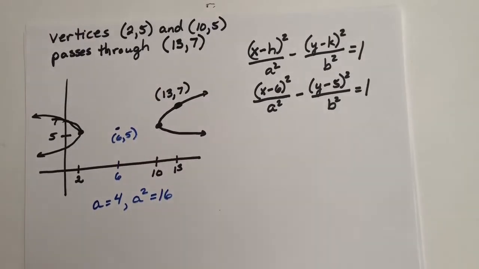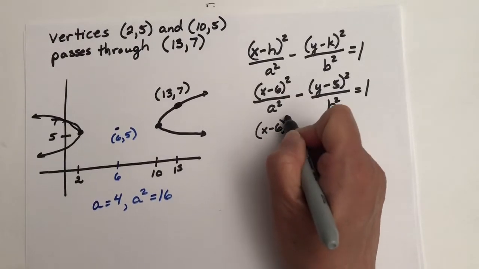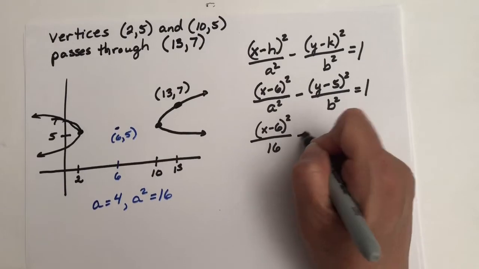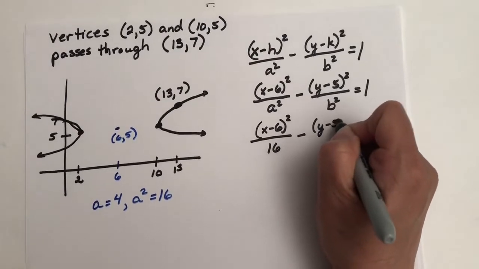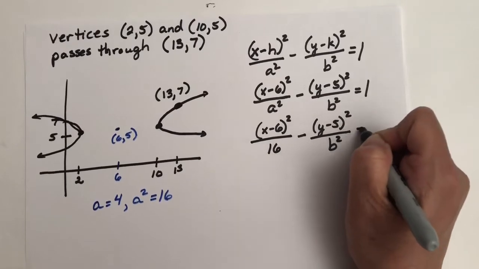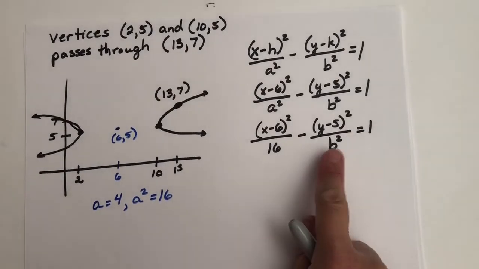Let's pop that into our equation. So we have x minus 6 squared over 16 minus y minus 5 squared over b squared equals 1. So the only thing we don't know is what b squared is.